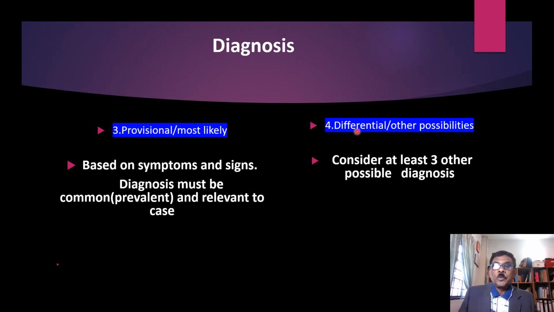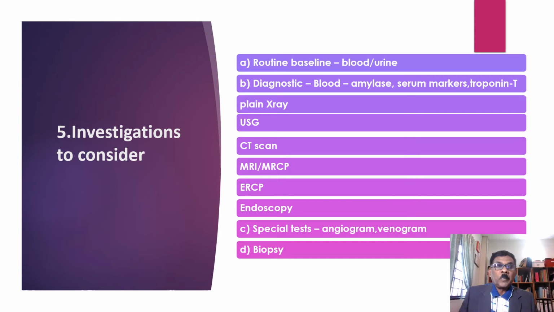At the same time, you also have a couple of differential diagnoses, which are other possibilities. It would be wise to consider at least 3 other possible diagnoses for every clinical case summary.